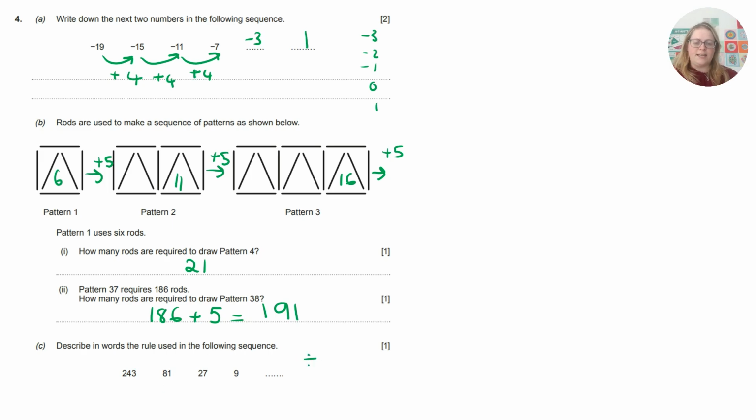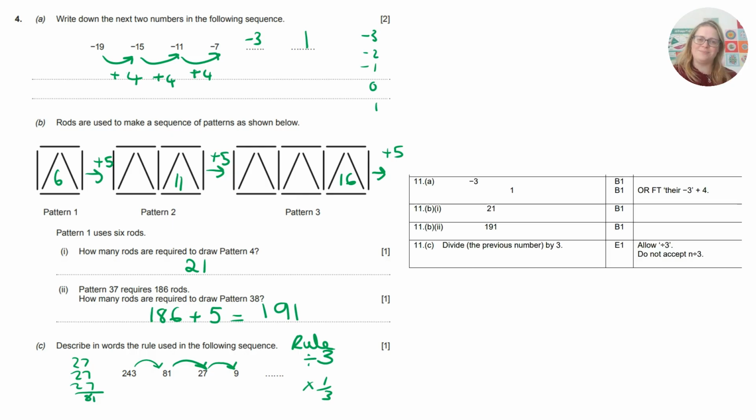How many times bigger do you reckon? If we look at the nicer version, the 27 and 9, we know 9 goes into 27 3 times. And if I did 3 lots of 27, you'd have noticed that gave me 81. So I can say divide by 3 is the rule. However, when you're dividing by 3, you could also have said times by a third. Either one of those should have been accepted because it's the same thing.